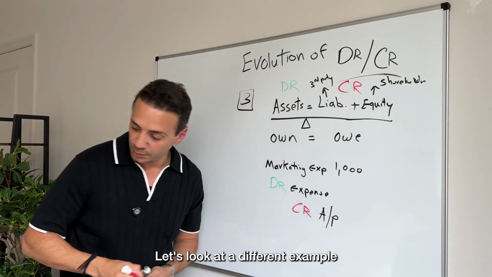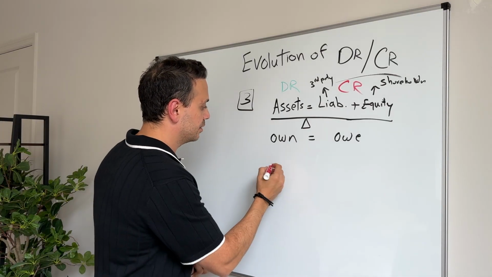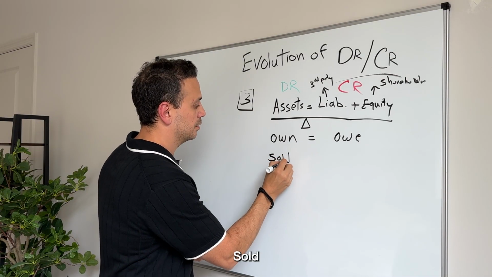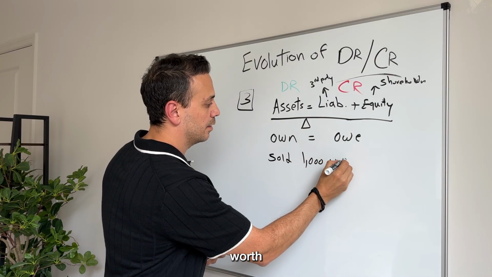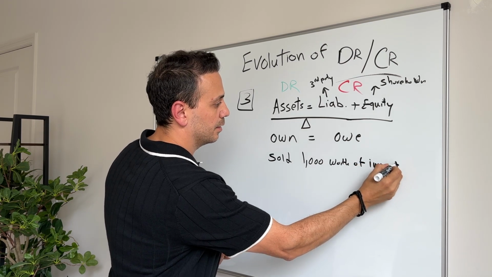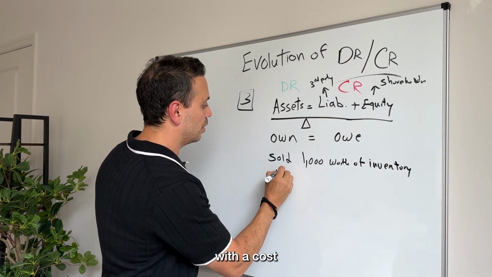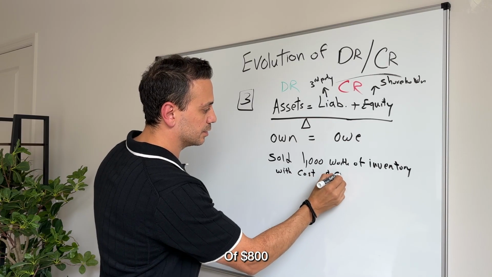Let's look at a different example. Let's say you sold $1,000 worth of inventory with a cost of $800.